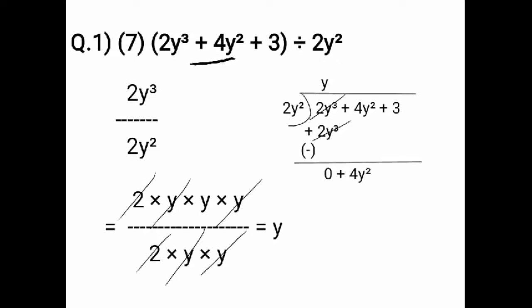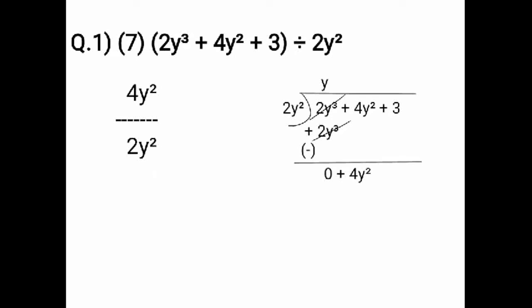Okay? Because this you already brought down, plus 4y square. 4y square upon 2y square is equal to 4 into y into y upon 2 into y into y. Now start cancelling. Number 2 is already there on the denominator.